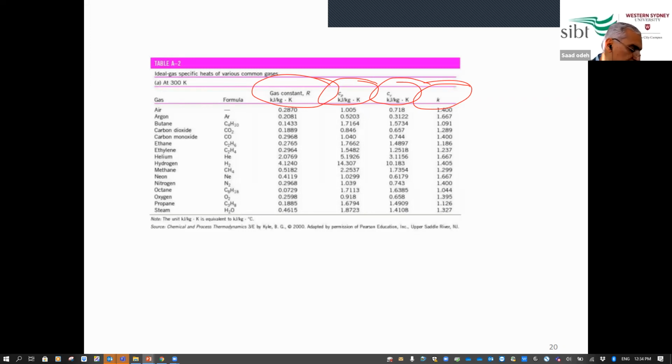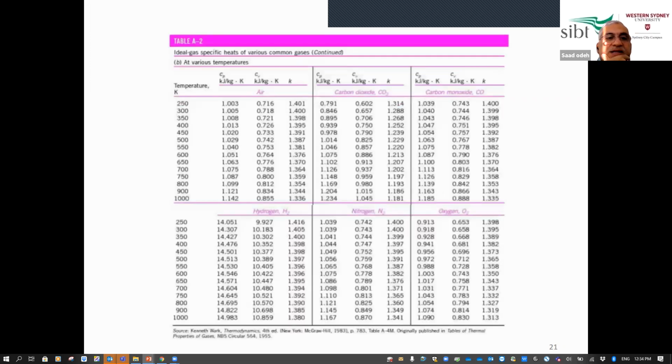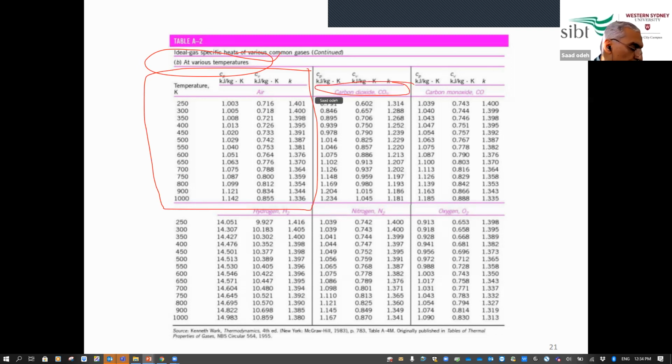And there is another table, the ideal gas specific heat for different gases. As we said before, with the temperature, the specific heat will change. So for example, if you have a question with air, you come to this table. This one is for air, this one is for CO2, this one is for carbon monoxide, CO, and so on.